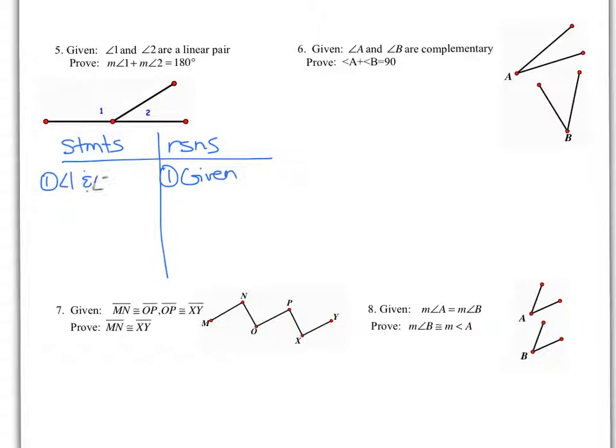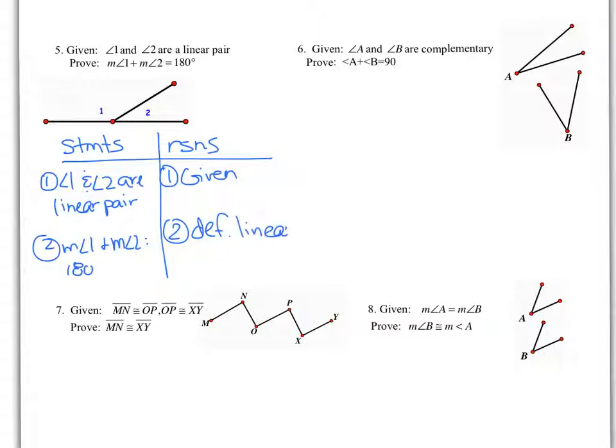Angle 1 and angle 2 are a linear pair. And so the measure of angle 1 plus the measure of angle 2 equals 180, step 3, is by definition of linear pair.